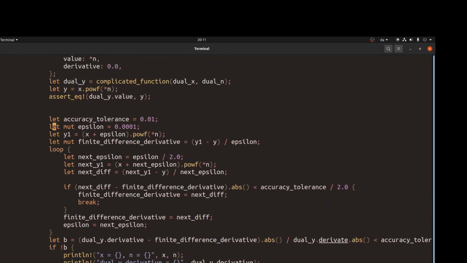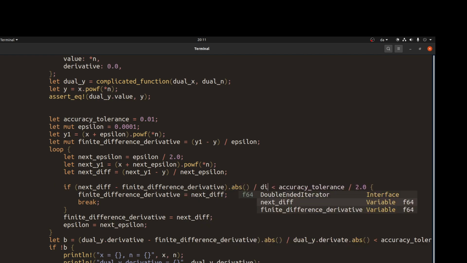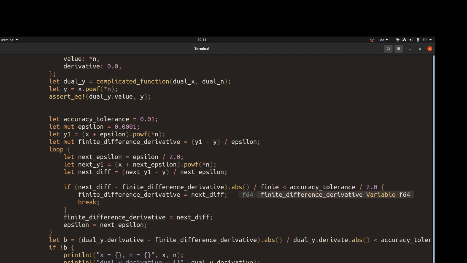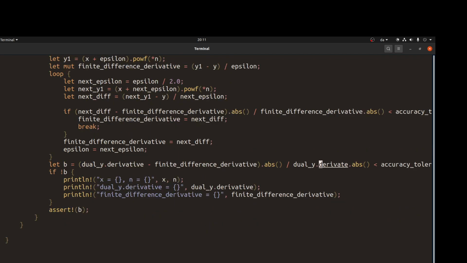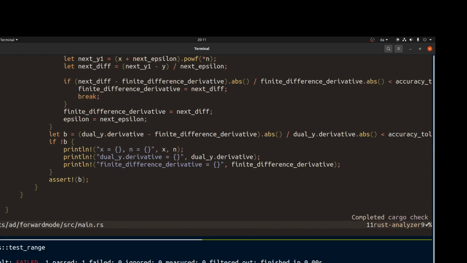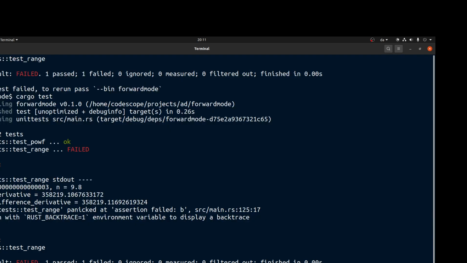So now we're saying, maybe we need to do it here too for consistency, finite difference. So here we're saying if the deviation is less than 1%, we pass the test. Let's see if we can get that to work.